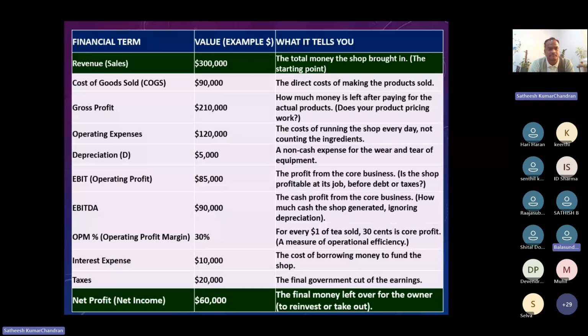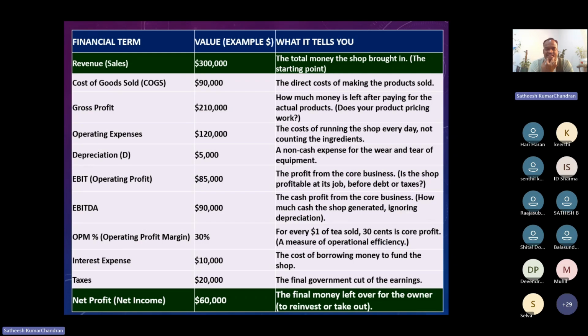This is just an example to show how financial terms are used in real life business. For example, we can take an example of a restaurant. Revenue is like $3,000 or 3 lakh rupees or $3 lakh, whatever it is. We are getting that business of 3 lakh rupees.